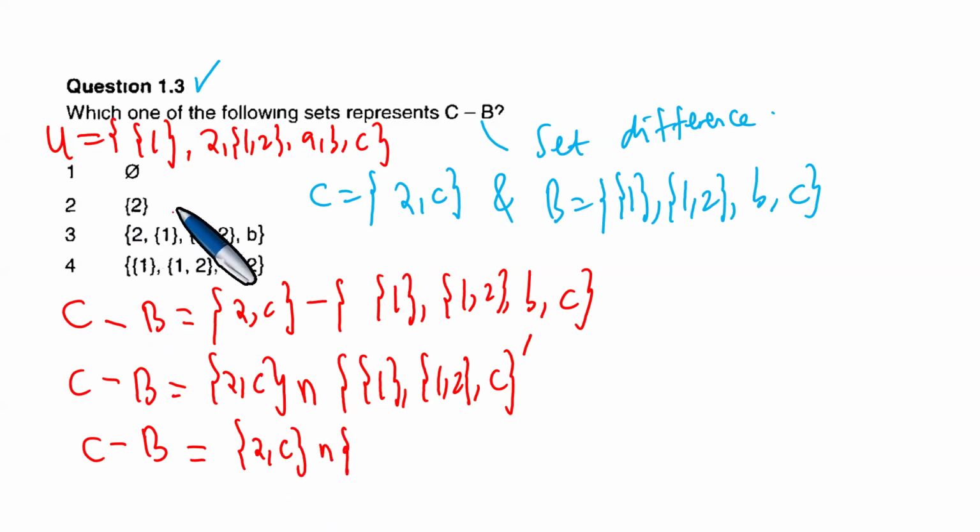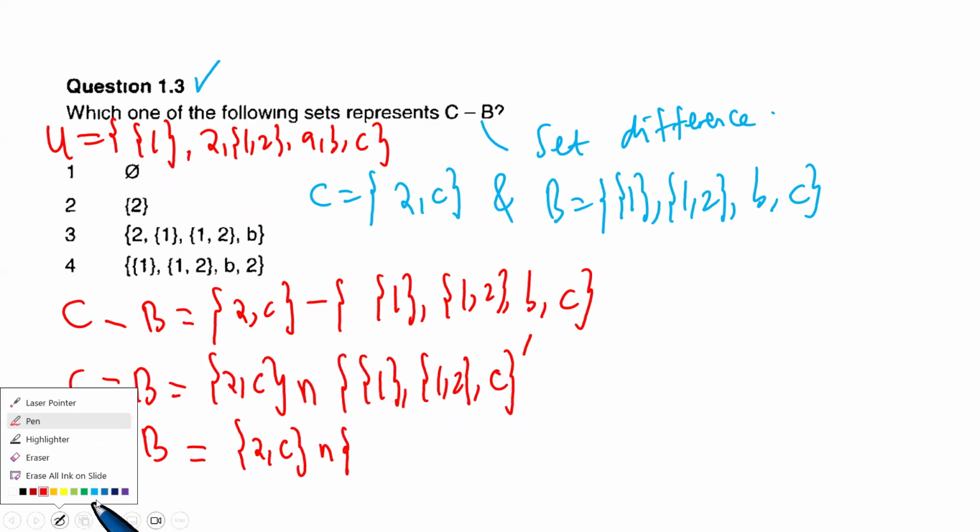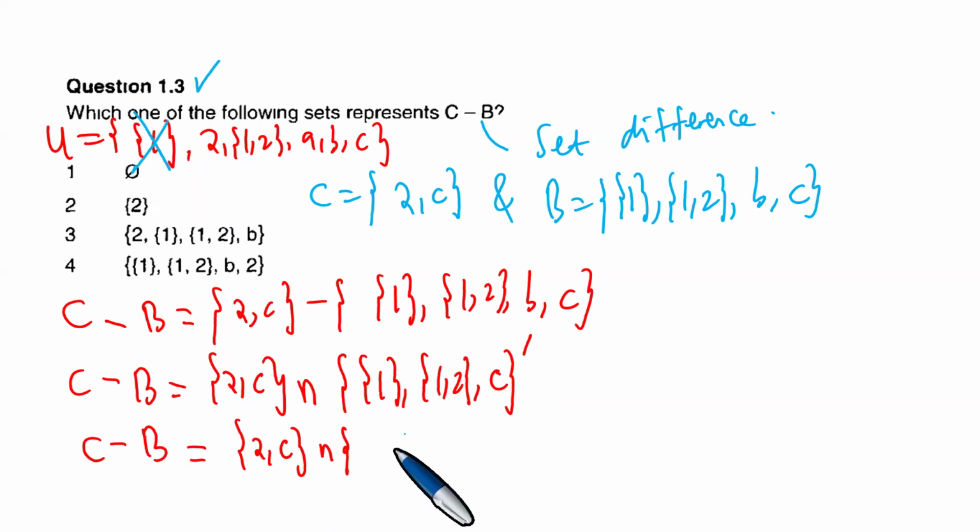The complement of this would be, we remove from this the singleton containing 1, 1, 2, and we also remove C. So in other words, we come to this set, we cross 1 out, we cross 1, 2 out, we cross C out, and we're left with the elements 2, A, and B. We list them. It's one way to do it, of course.